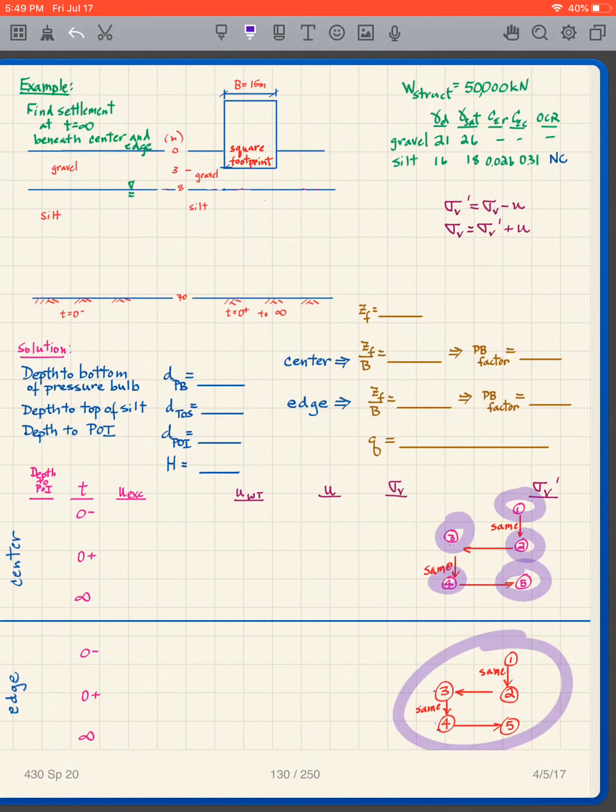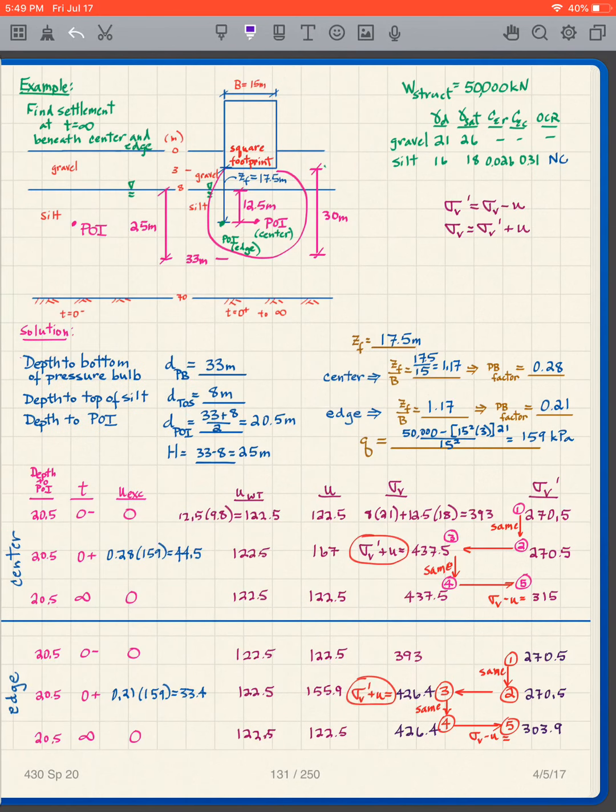Same process here. So what I want you to do is pause the video and solve this problem. Okay, I'm going to assume that you've solved it, and this is the solution that we have.